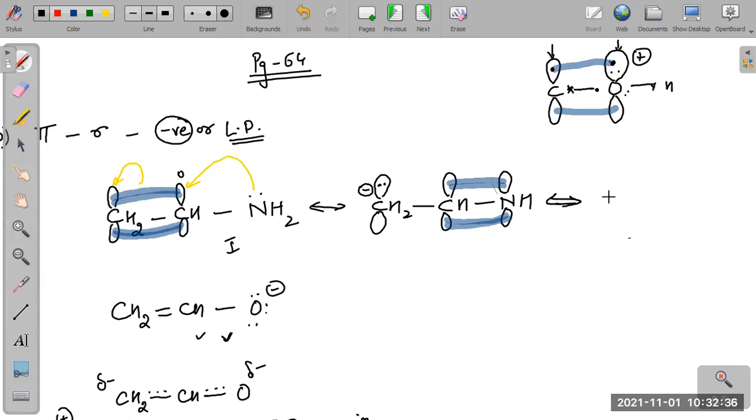Finally, hybrid structure as CH2, single bond CH, single bond. M पे positive charge आएगा, delta positive, and carbon पे delta negative, final hybrid structure में, और यहाँ पर obviously यहाँ पर भी आएगा.